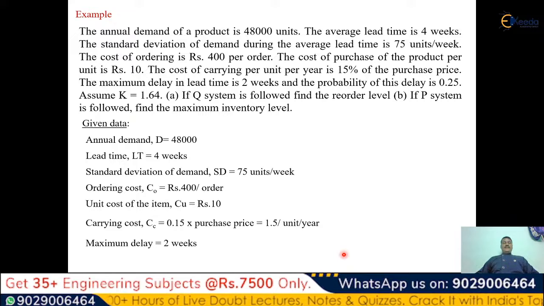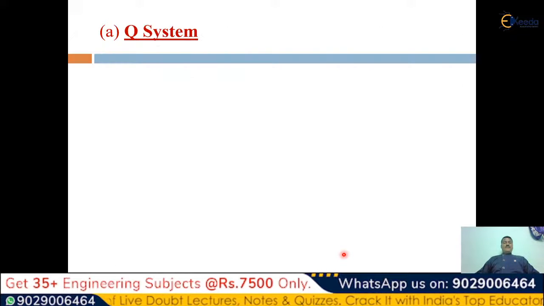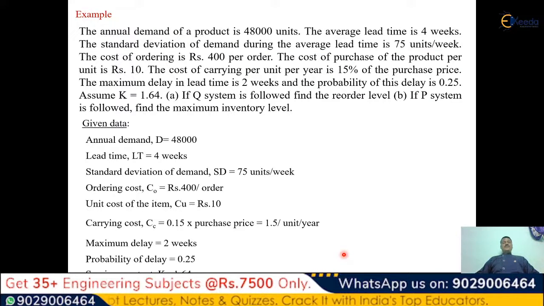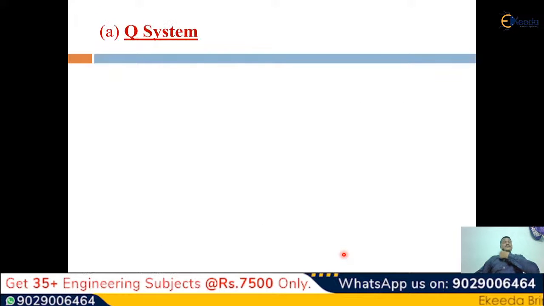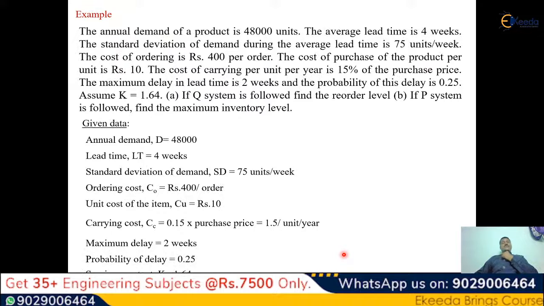So, as usual, we take these notations: annual demand D, which is 48,000, lead time, which is 4 weeks, standard deviation, which is 75 units per week, ordering cost, which is 400 per order, unit cost of the item, which is rupees 10, and the carrying cost, which is 1.5 per unit per year.